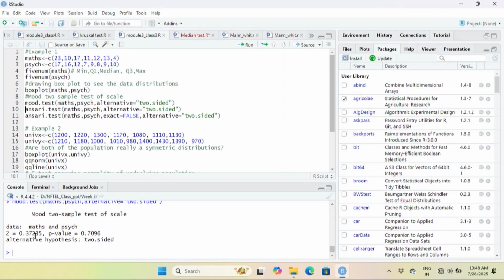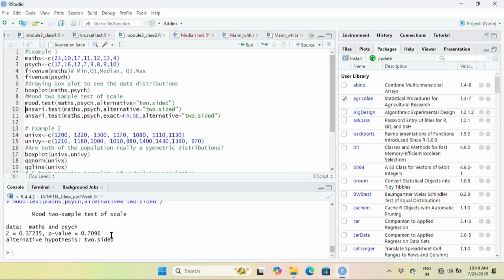This is the standardized mood value. Whatever I have shown you is the mood test statistic, but if you standardize it, you will have 0.3723. Look at the p-value. P-value is 0.70, which is quite high. So you can conclude that the null hypothesis is accepted, or we fail to reject the null hypothesis.